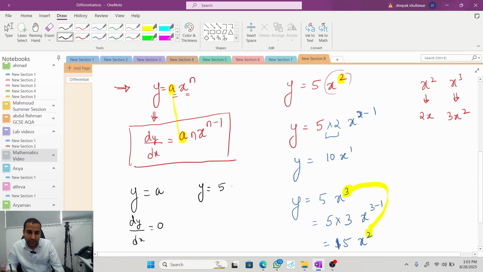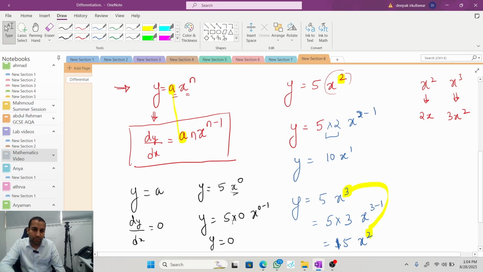Do you have any variable with it? No, you don't. That means you have x to the power of 0. Here you don't have any x, that means its power is 0. So when you do this process, this would become 5 times 0 times x to the power of 0 minus 1, which is nothing but 0.